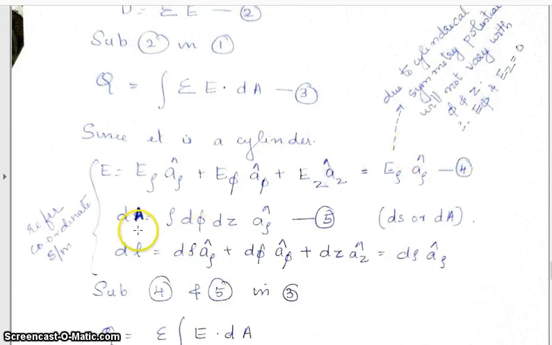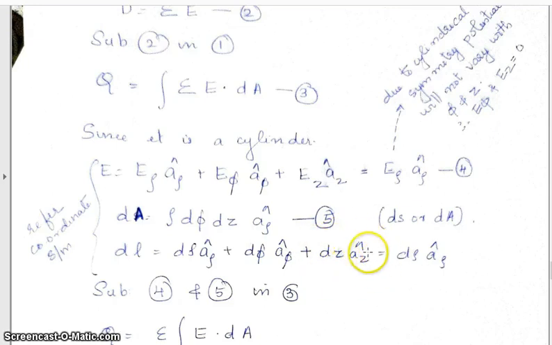Similarly, in a cylindrical coordinate system, we can write dA or ds is equal to rho d phi dz a rho, and dl is equal to d rho a rho plus rho d phi a phi plus dz az, and that is also equal to d rho a rho, because these two terms will be 0.